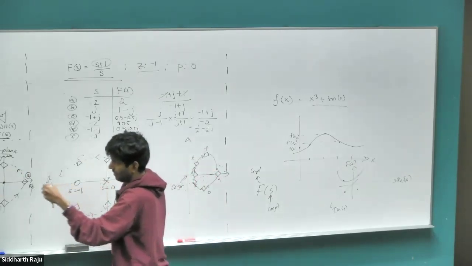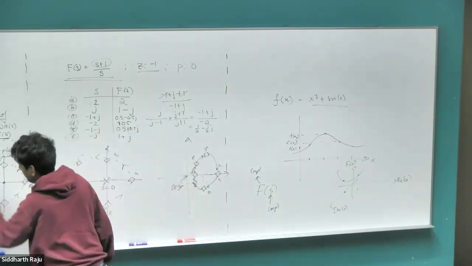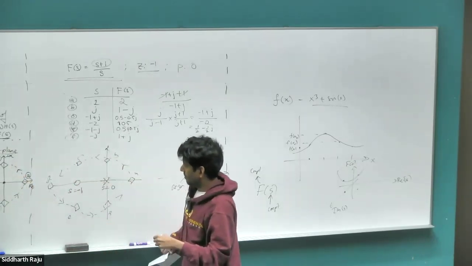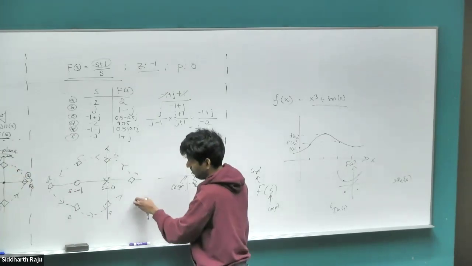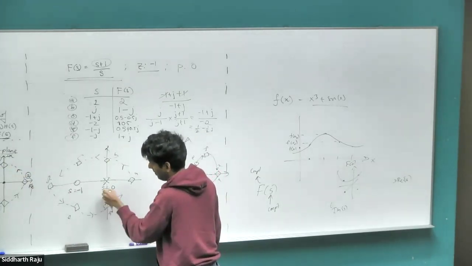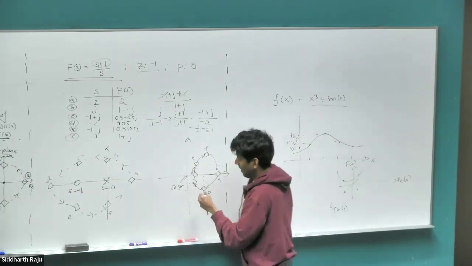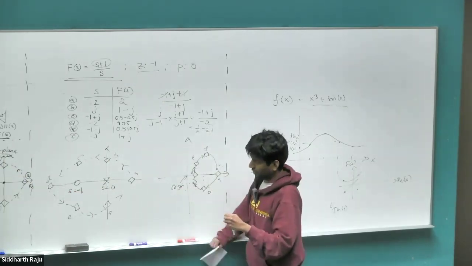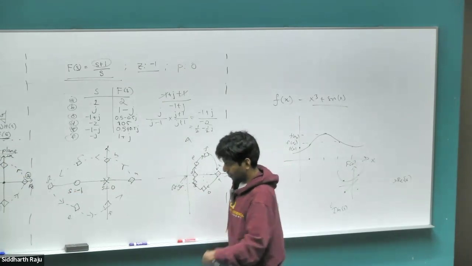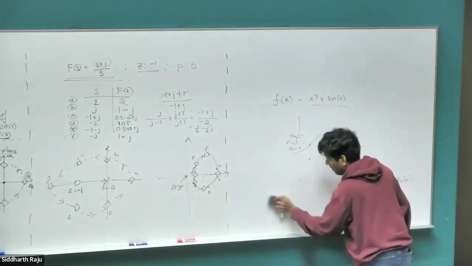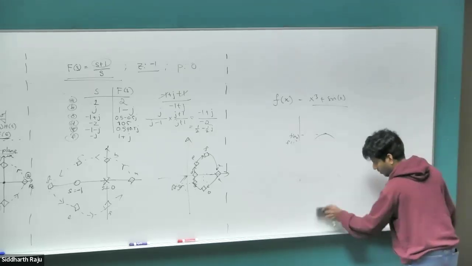If we had chosen the direction to go from A, D, C, and B, then it would have gone from A, D, B, and C on the other plane as well, right? But in the second case, when we had a pole and a 0 being enclosed in the s plane, in the f of s plane, we observed that the origin is not being enclosed, right? So let's do one more example to see if we can see some kind of pattern in what's going on.